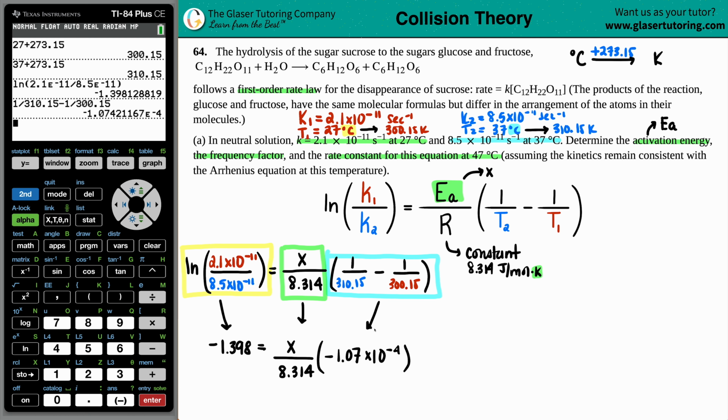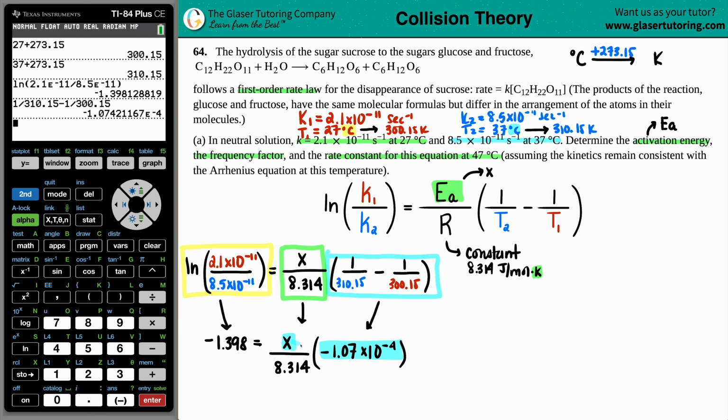And that's this guy. All right, so let me bring this up a little bit, because what we can do is we can now just simplify this, make it into one fraction, because I have two numerators here. I have the negative 1.07 times 10 to the negative 4th, and then I have the x value.